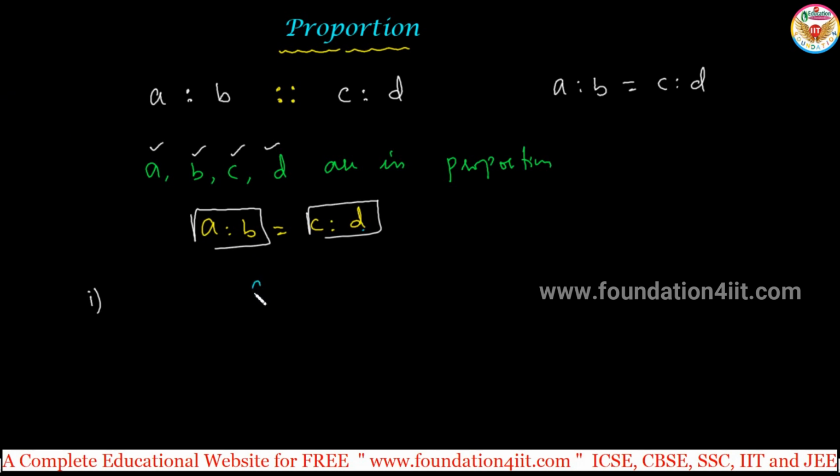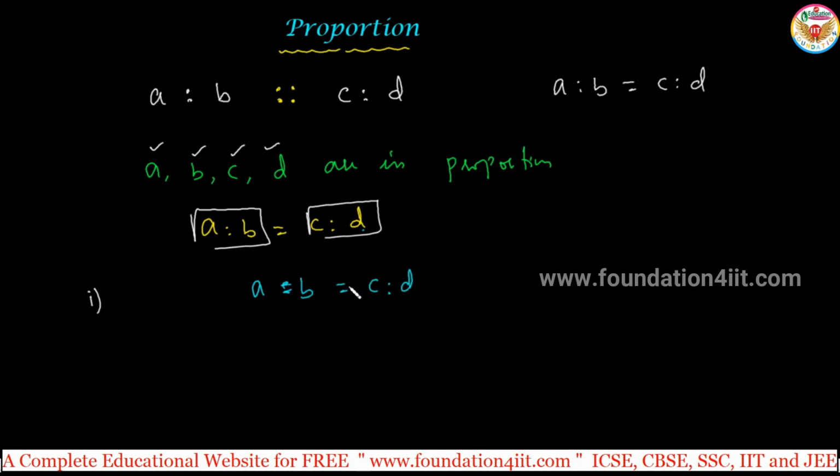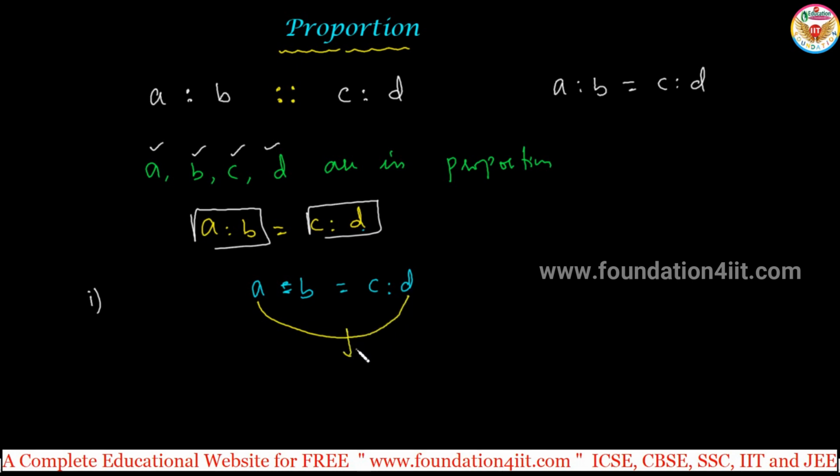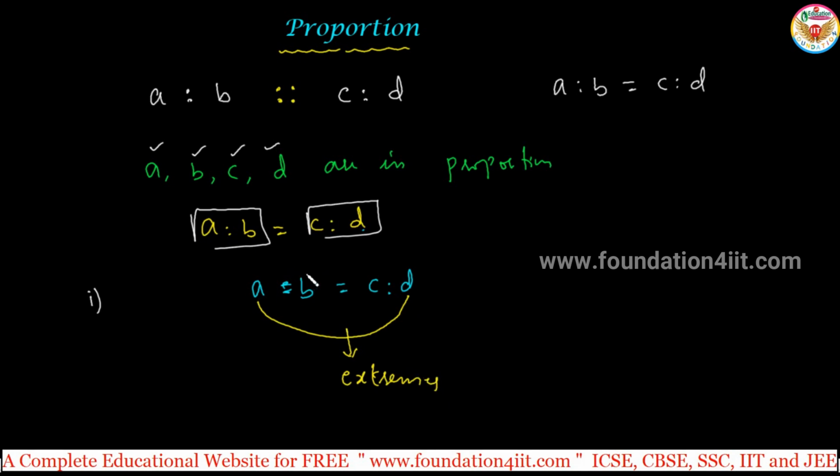So A is to B equals C is to D. The first and last terms, A and D, we call extremes. And the middle two terms, B and C, are called means.